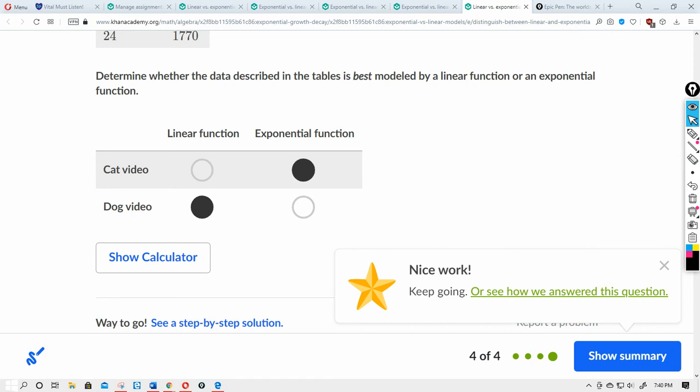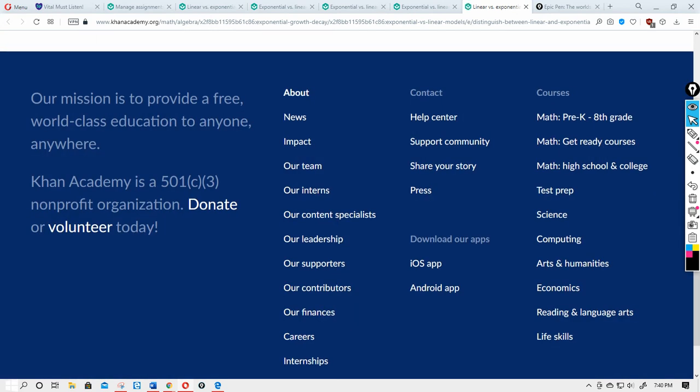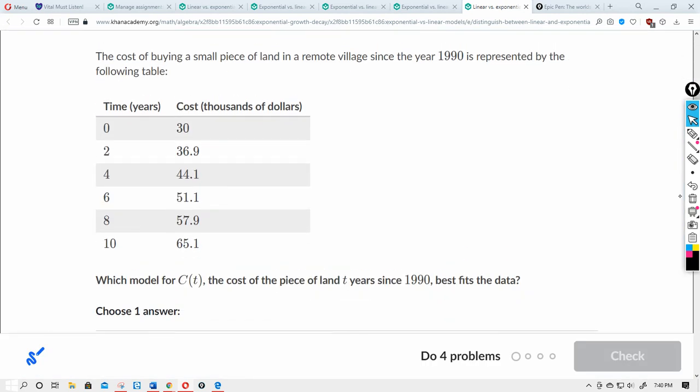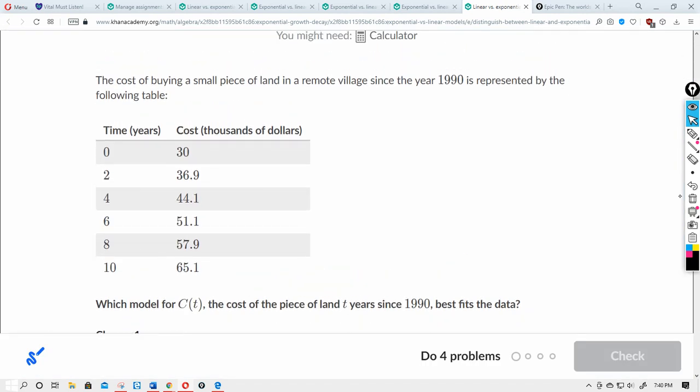All right, let's do one more. Okay. Cost of buying a small piece of land in a village is represented by the table. What is the model for C of T? All right.